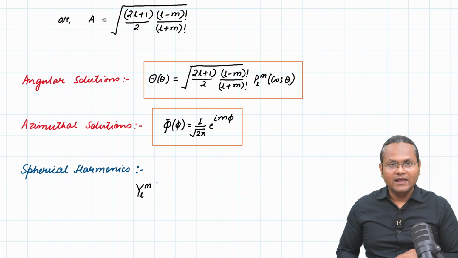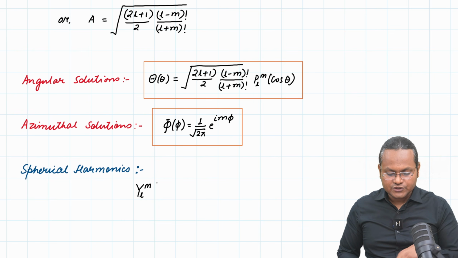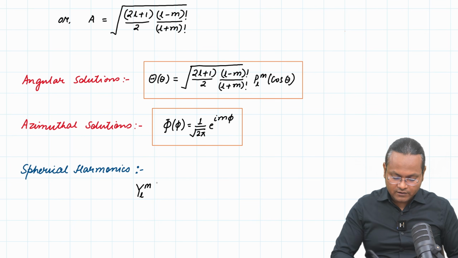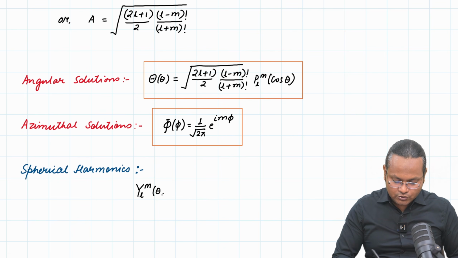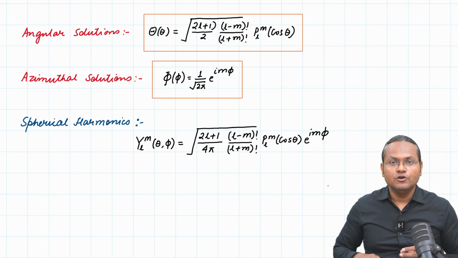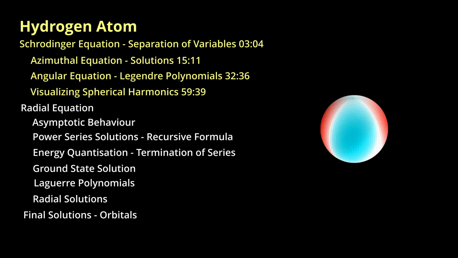I'm going to include l and m here in the subscript and the superscript because both the angular solutions and the azimuthal solutions contain these quantum numbers. These quantum numbers are going to play a very definite role in deciding the nature of the wave function solutions, right? So they will be included in the subscript and the superscript here. There it is, the spherical harmonic solutions of the hydrogen atom.